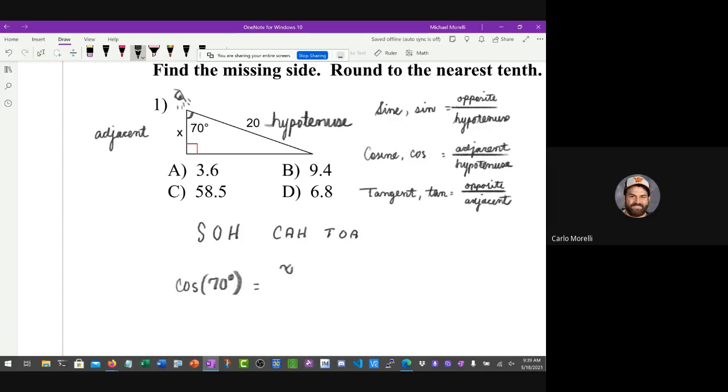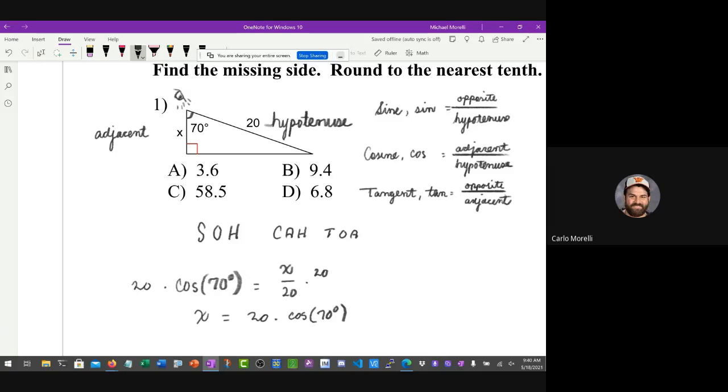In this case, x over 20. Now you're solving this equation for x, so you'll need to multiply both sides by 20. So now you have x is equal to 20 times the cosine of 70 degrees.